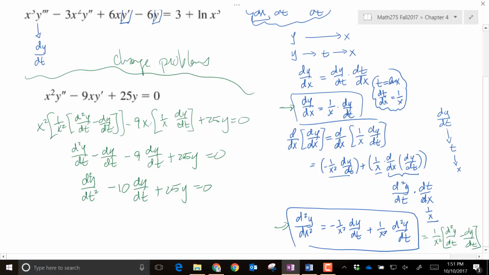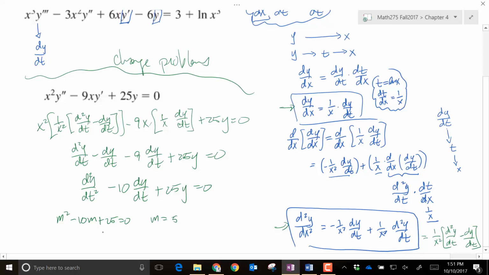This is easier to do the auxiliary equation because it's literally just the coefficients, right? So our m squared minus 10m plus 25 is equal to 0. m is equal to 5 twice.